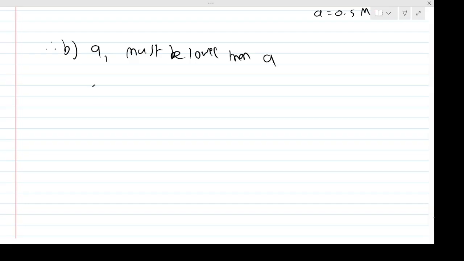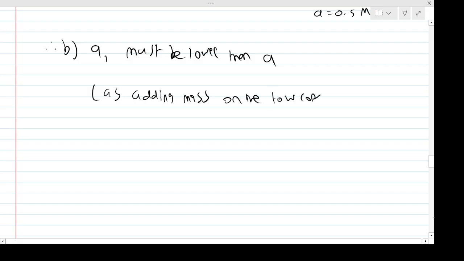Okay, and I don't need to say this, but I say it because adding mass on the tow rope means the car has to overcome more resistance, hence it will move slower.